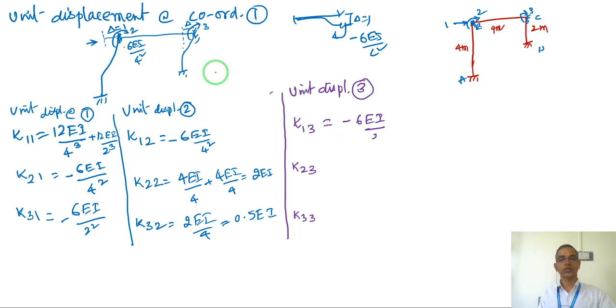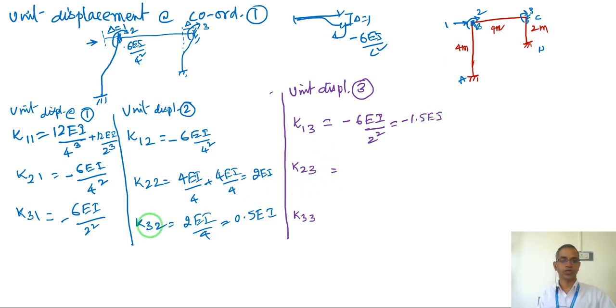Due to that, this column length is 2, so 2 square, which is minus 1.5 EI.